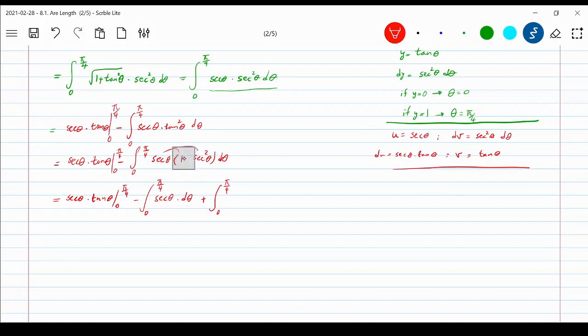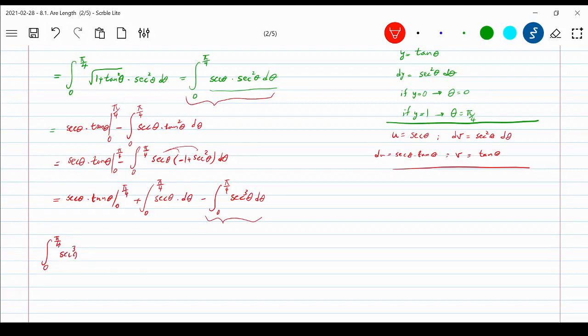Sorry, it is secant cubed minus secant: this is supposed to be minus here, plus there. I forgot a negative there. If you remember, this is what we started with on the left side, and on the right side we ended up with the same thing. So if you move it to the other side, basically you get two of them.